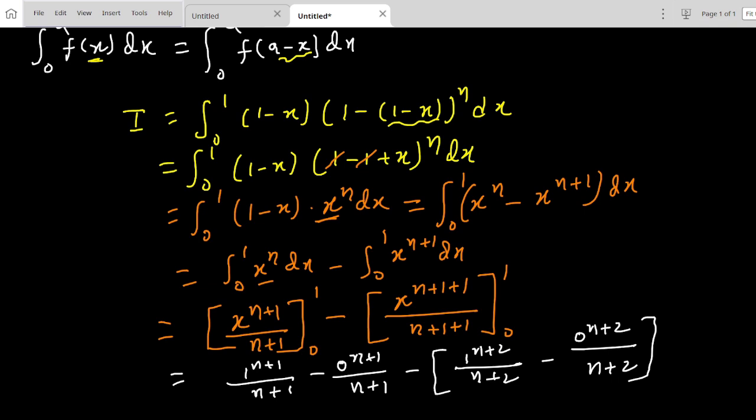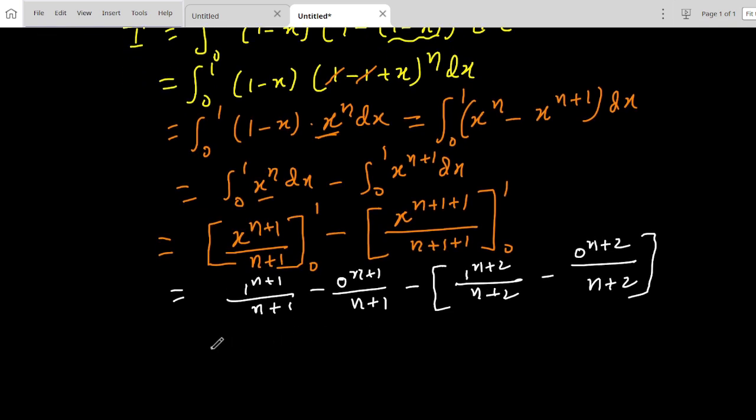After simplification here, we are going to get 1 by n plus 1, and this would be 0, minus 1 by n plus 2.